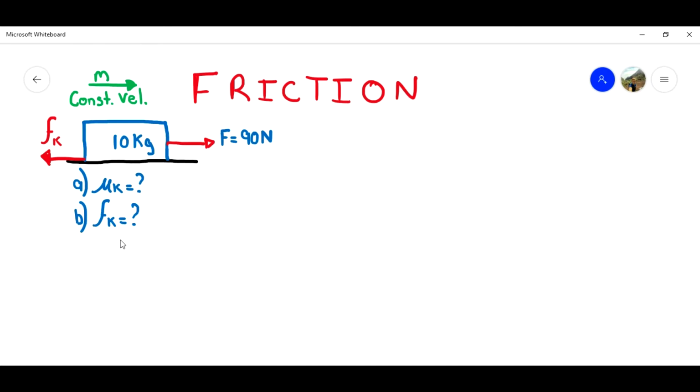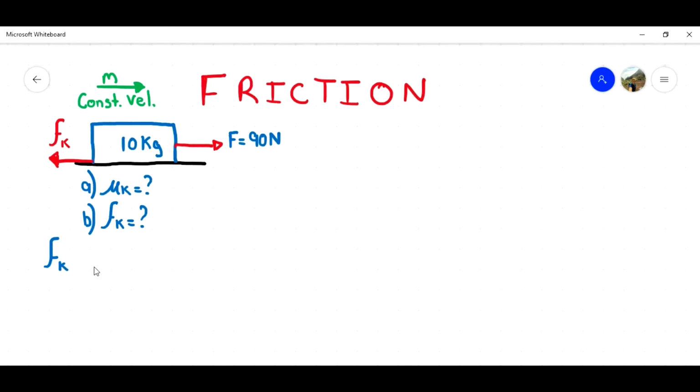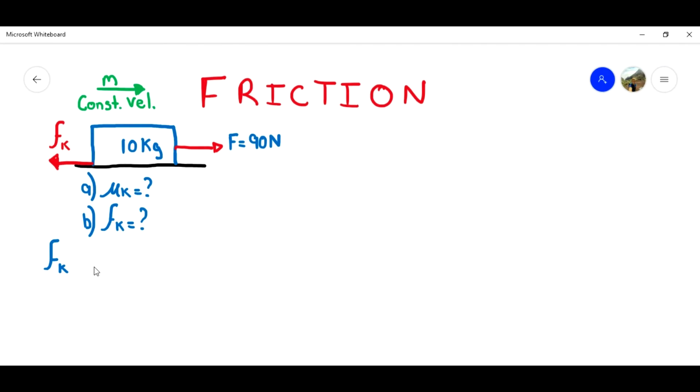Okay, before I start solving this problem, there are two things. We're going to have the kinetic friction force, and we also are going to have the static friction force. Now, what is the difference between these two forces? If the block is already moving, that means we're going to have a motion.